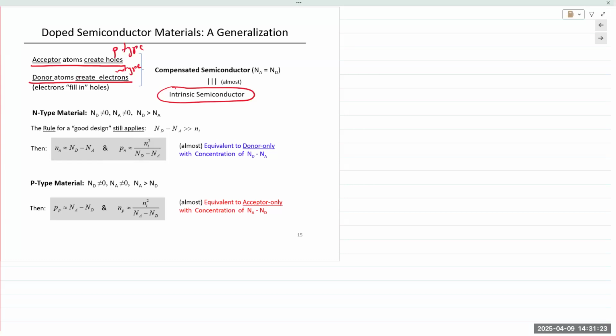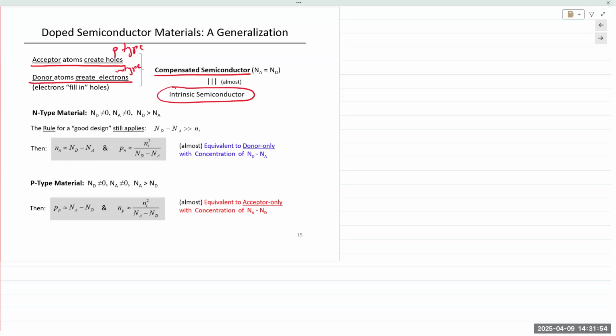And the name for this special type of semiconductor is compensated semiconductor, known as compensation. Again, if you introduce donor atoms, it creates an n-type material. If you introduce acceptor atoms, it creates p-type material. But if you introduce both in equal numbers, we get what is known as a compensated semiconductor. And it behaves almost like an intrinsic semiconductor.